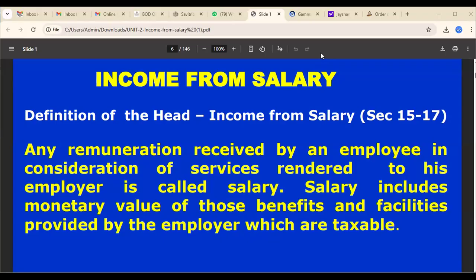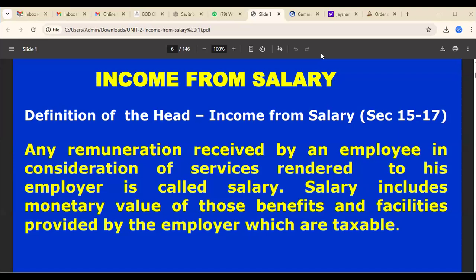So salary includes monetary and non-monetary terms, which are valued with concern to the work done.